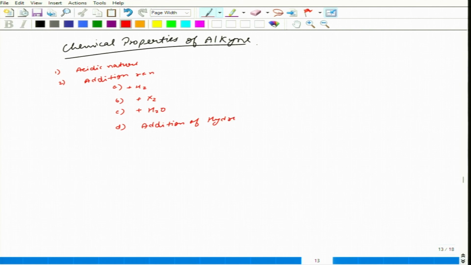Now, we will do the addition of hydrogen halides, that means the hydrohalogenation reaction, similar to what we have discussed for the alkenes. The reactions go parallelly for the alkenes and alkynes.